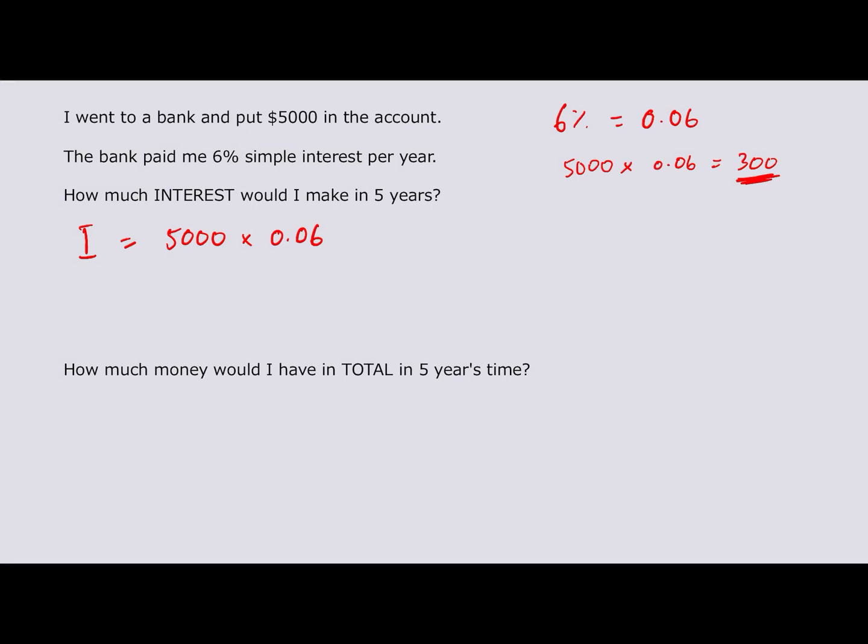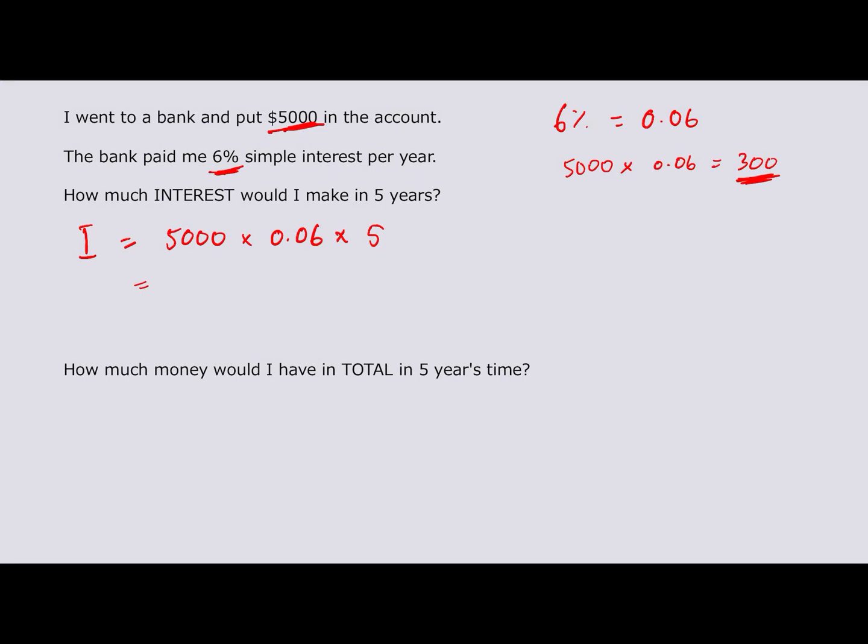So I'm just going to write that down over here. 5,000 times 0.06 is equal to 300. So what that means is that every year I'm going to receive $300, because that is the rate that they're offering me, 6% of however much I put in to my account.